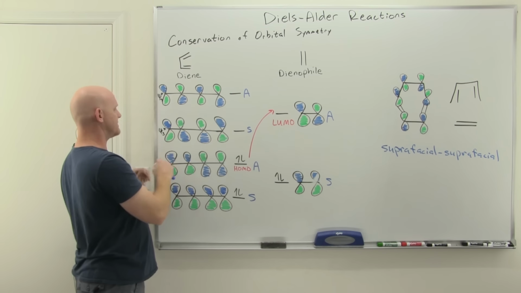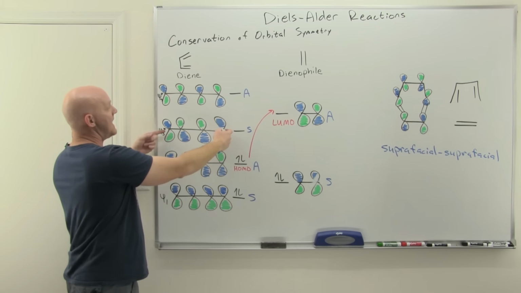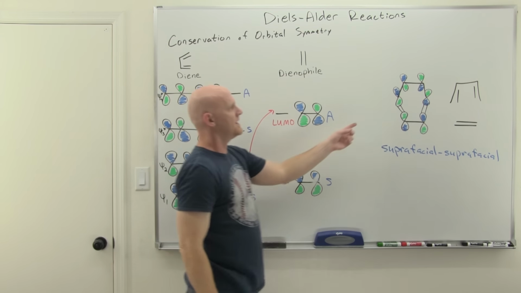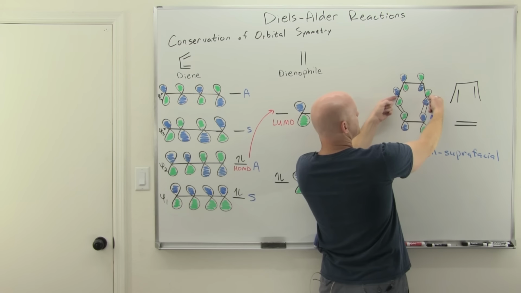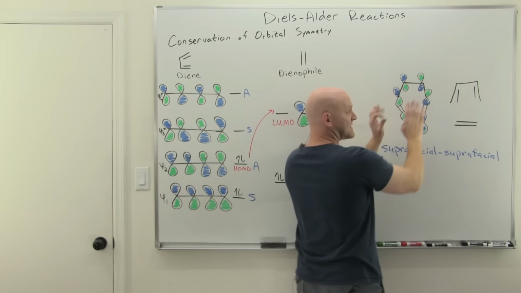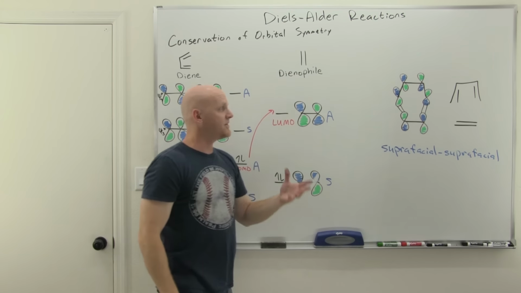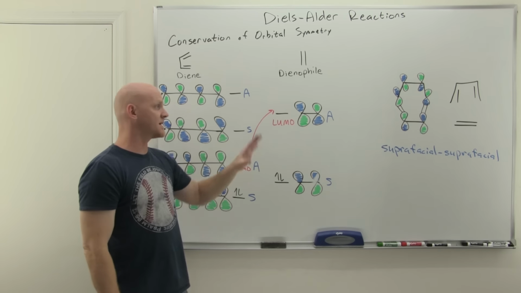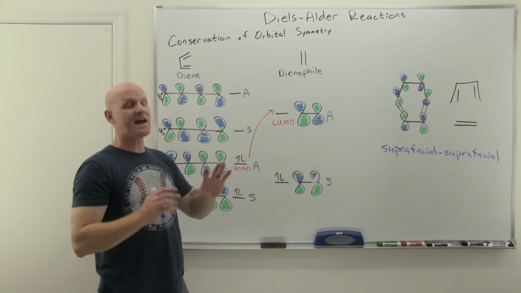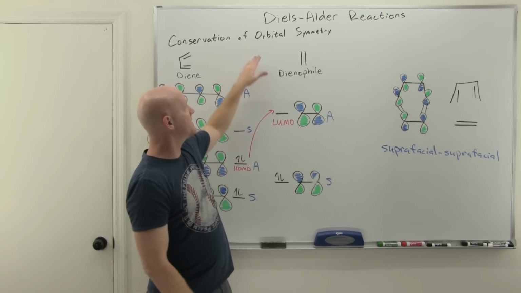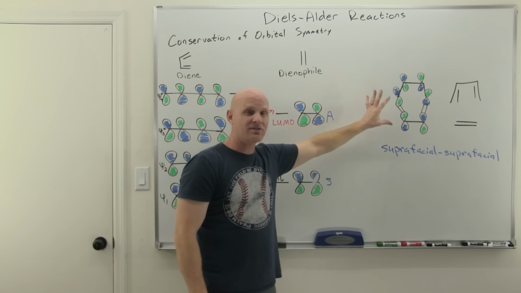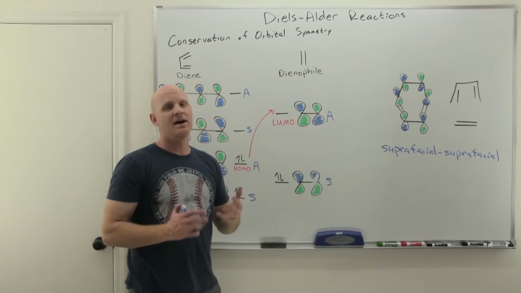It's one big area of electron density, but the end parts are the parts I'm concerned with. And in this case, the ends here are opposites and the ends here are opposites. And if that's the case, they'll be able to match up. So they either both had to be symmetric or both antisymmetric. And in the Diels-Alder, they're both antisymmetric, which is why there's conservation of orbital symmetry. And that is actually what makes this reaction allowed.